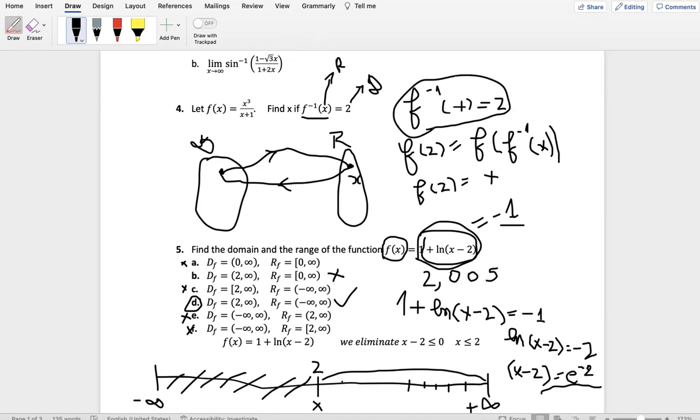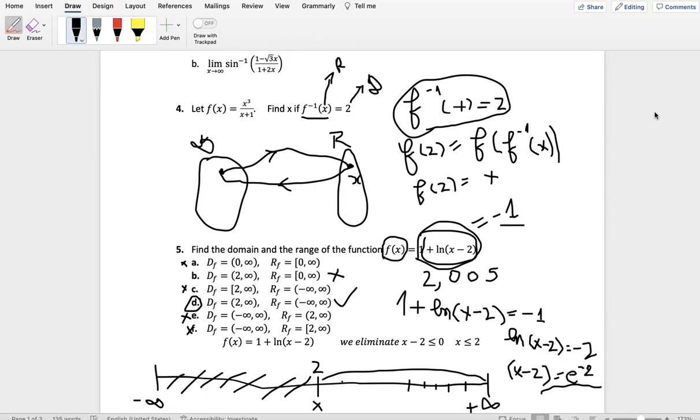And the f of f inverse of x is just equal to that x. Same as for trigonometric functions, which you guys are aware of.